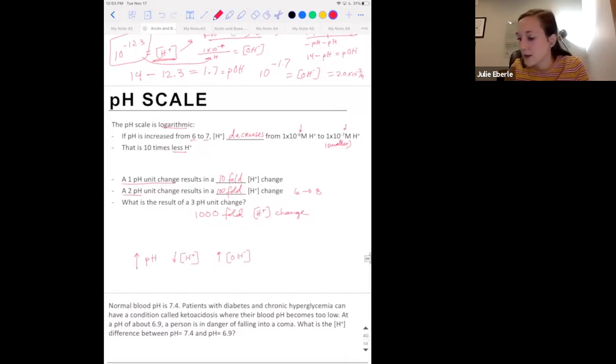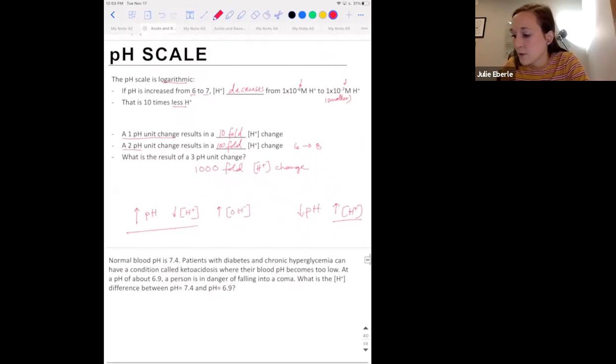Vice versa, as you decrease in pH, you increase the amount of H+. The more H+ you have, the more acidic a solution is, and lower pH numbers correspond to acidic solutions. Anything below 7, 6, 5, 4, 3, 2, 1, that is an acidic pH. So remember these relationships.